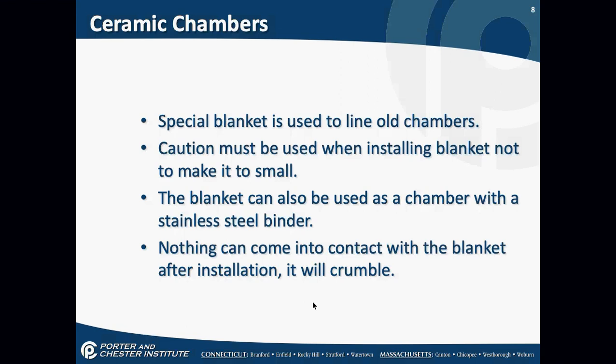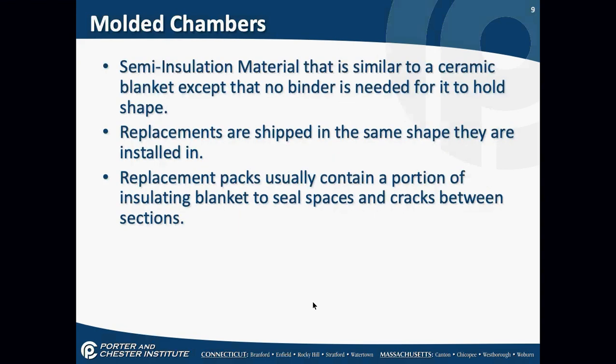In other words, if the combustion chamber has collapsed, you can buy the same blanket along with some steel binder clips, basically. Now, nothing can touch this blanket after it's installed. You can't use a vacuum on it. You can't use a brush on it. Nothing can touch it after installed because it's going to crumble into little pieces. And that's a bad thing. So you can reuse specialized blankets and stuff like that.